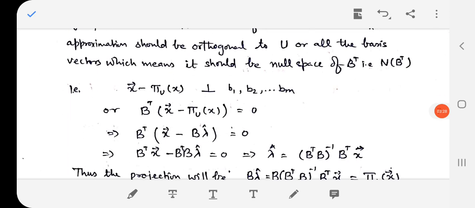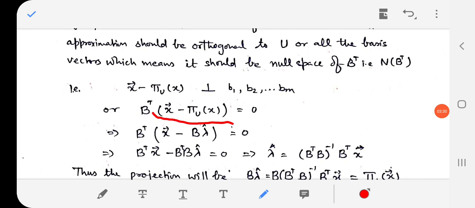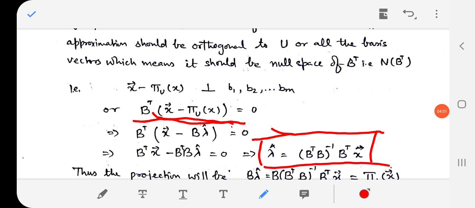Now since we know that the error vector must be orthogonal to the subspace U, all the vectors in the subspace U must be orthogonal to the error vector. So if that is so, we can say that B transpose times this thing should come out to be 0, and ultimately we come up to the result for the desired lambda hat.